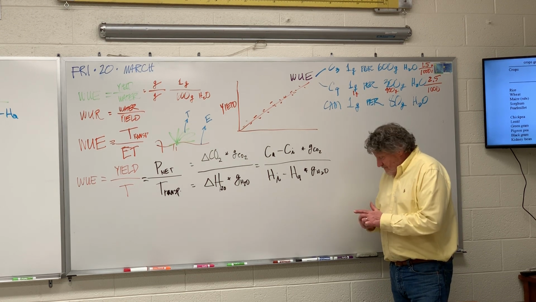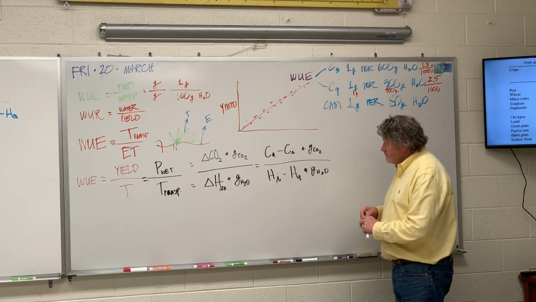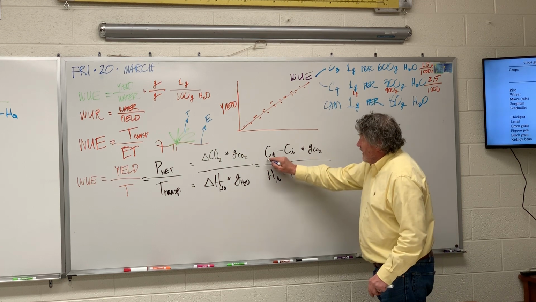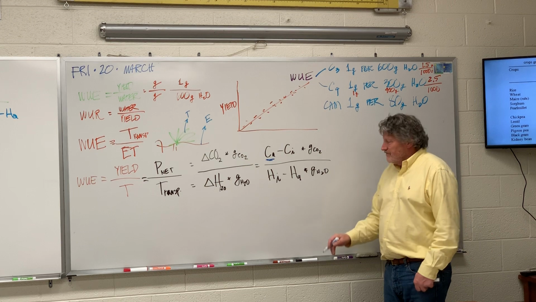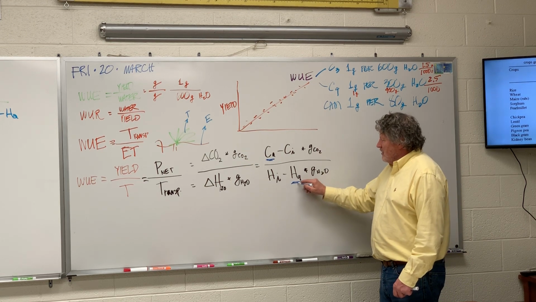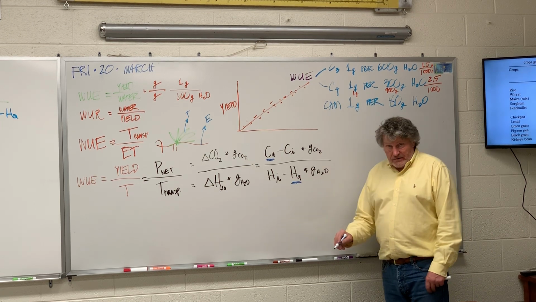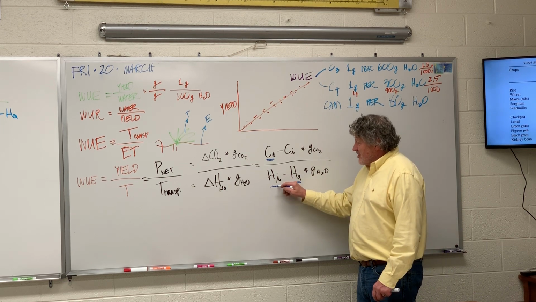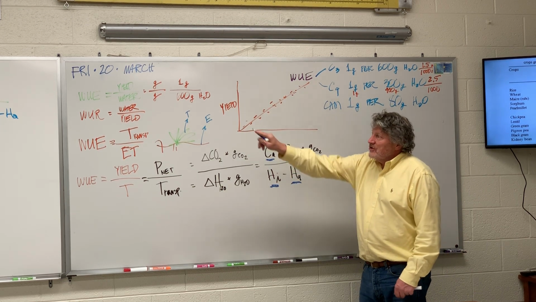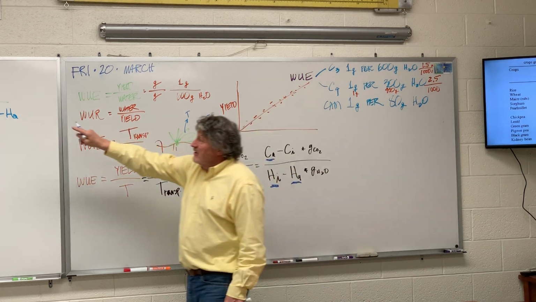We can measure CA, that's just ambient CO2, easy to measure. We can measure absolute humidity of the air, easy to measure. We can get HI because we assume this is 100% humidity.